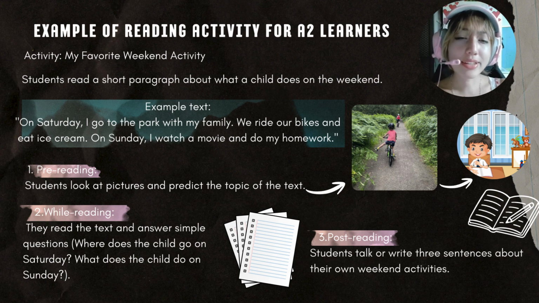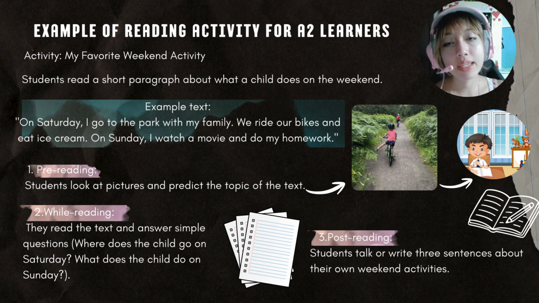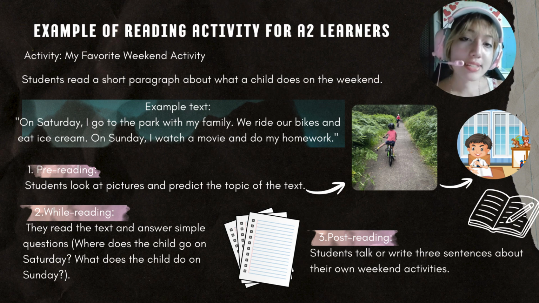In the pre-reading stage, the teacher shows pictures of weekend activities such as going to the park, riding a bike, or watching a movie. Students look at the pictures and predict what the text will be about. In the while reading stage, students read the text and answer simple questions like, where does the child go on Saturday?